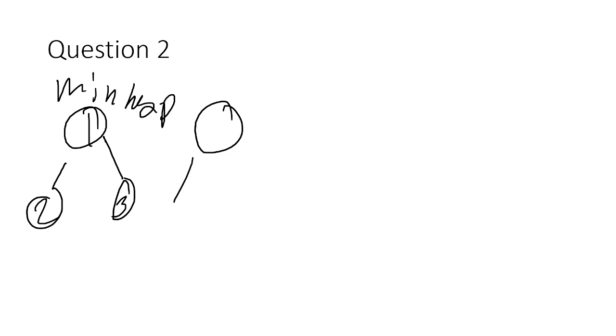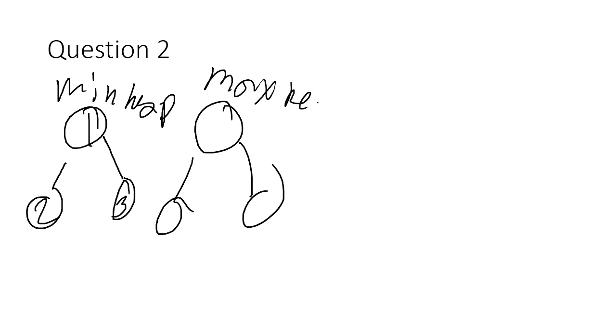And then this is my max heap, which is 3, 2, 1. So this is your min heap and max heap. You're going to be using these two to get the extraction of the largest and the smallest items.